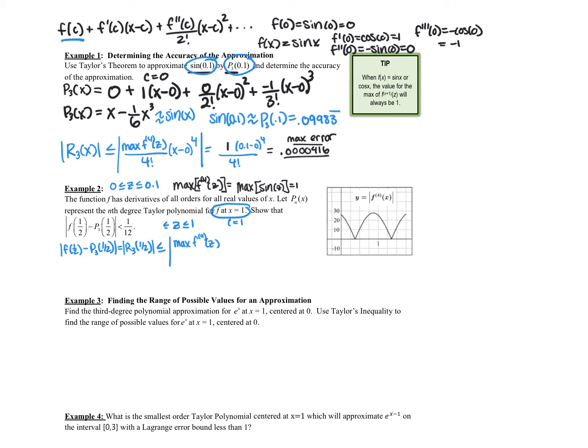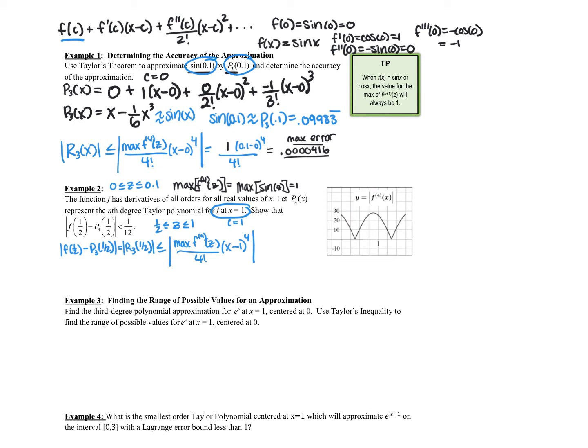We're plugging that in there. So here z is between 1/2 and 1. Divided by 4 factorial times x minus the center, which our center is 1, to the 4th power. Now we can go ahead and plug in.